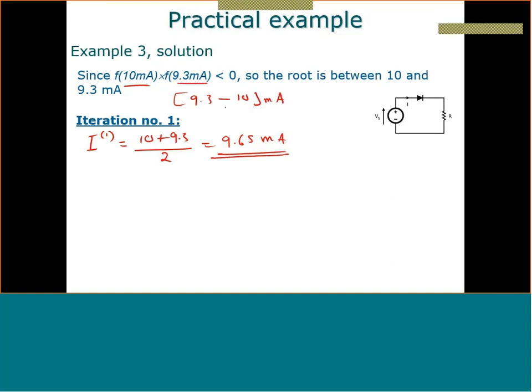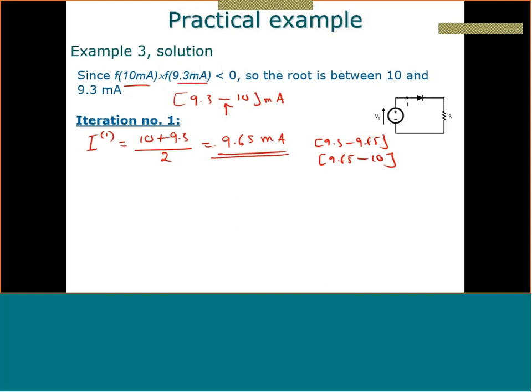Now I found the solution here is in the middle. Now I want to know if this answer is between 9.3 to 9.65 or 9.65 to 10. So we need to know where is my answer here.